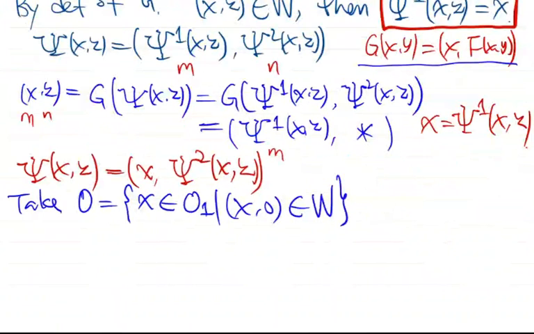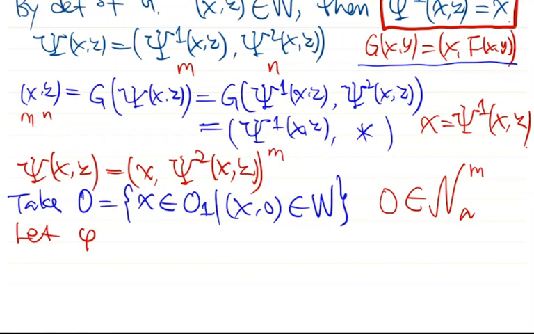It is not difficult to see that O is open and containing the point a. Therefore, O is an open set in Rn containing a. Therefore, by our notation, it belongs to this N(a).